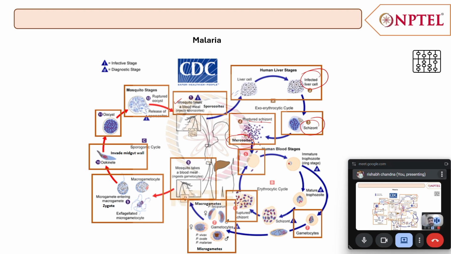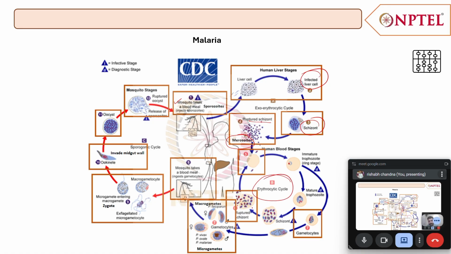The schizont ruptures, and the merozoites infect again, so it is increasing in number. At this stage, it is the diagnostic stage. The diagnostic stage for the malarial pathogen inside the human is the schizont in the erythrocytic cycle.